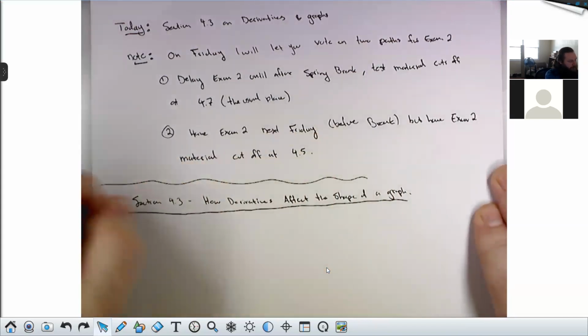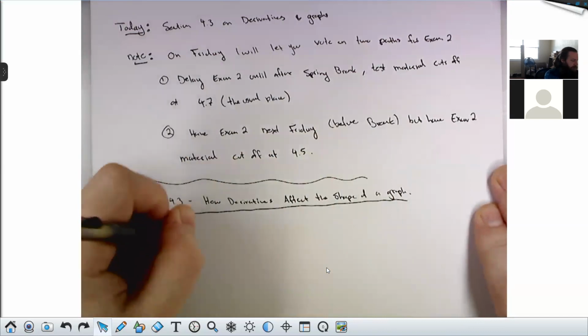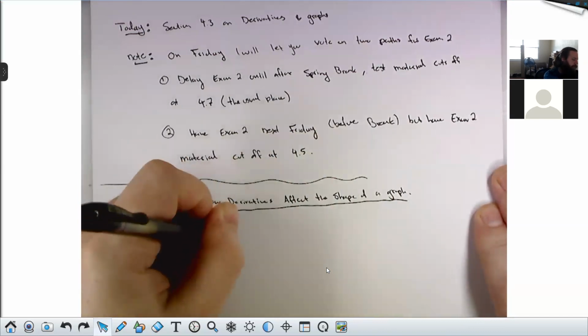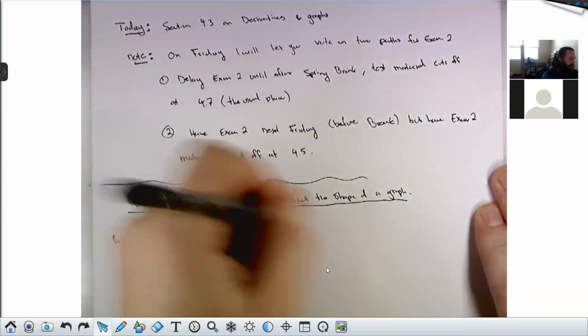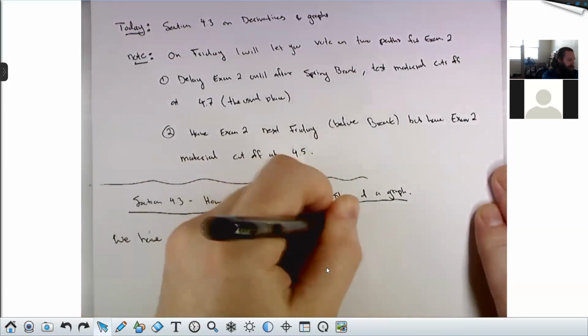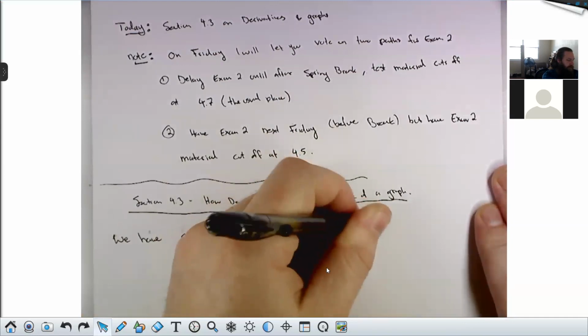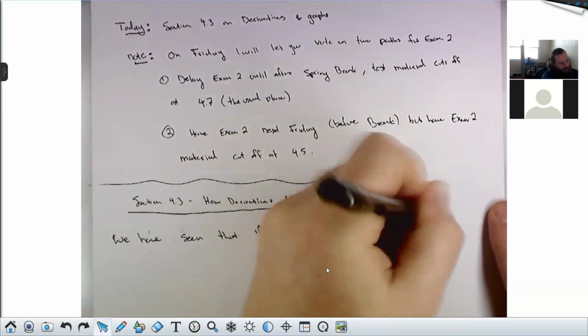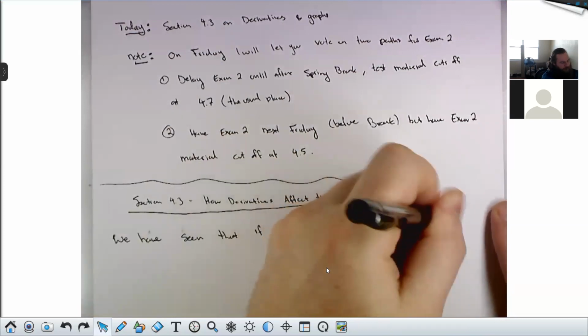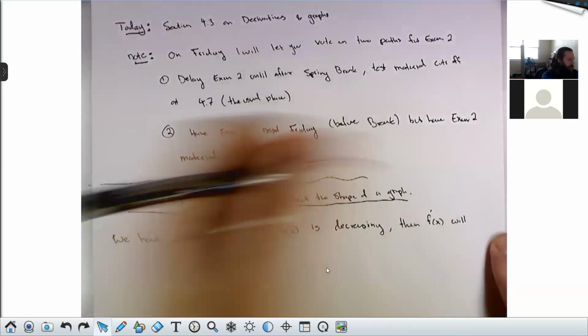we have seen that if f of x is decreasing, then f prime of x will be negative.